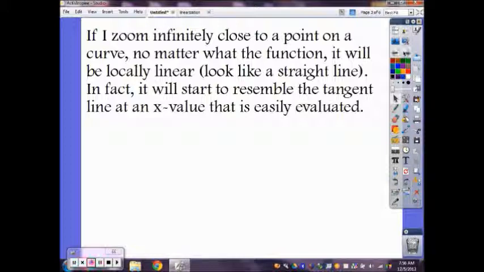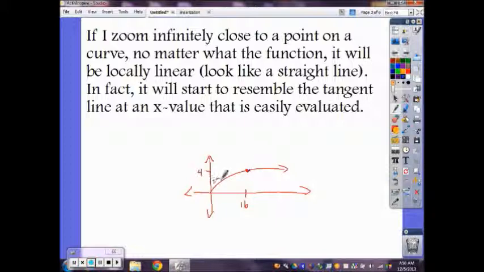In other words, if we have the graph of the square root of x, and let's say this is x equals 16, so this is where y equals 4, and at 16.1, that would be approximately here.